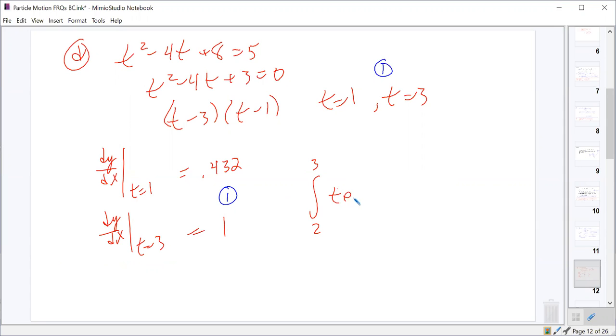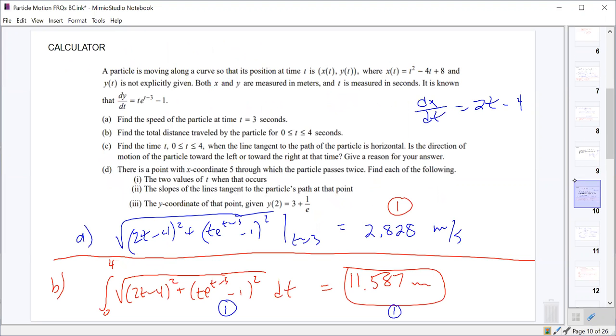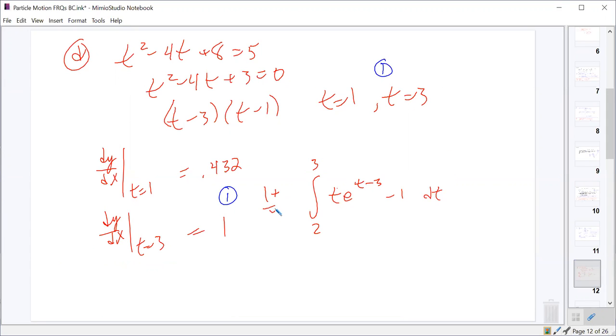It was t e^(t minus 3), I think, minus 1. And then we'll have to add 3 plus 1 over e to that. And get some number, which according to the scoring guide comes out to be a y coordinate of 4. So that's one more point.